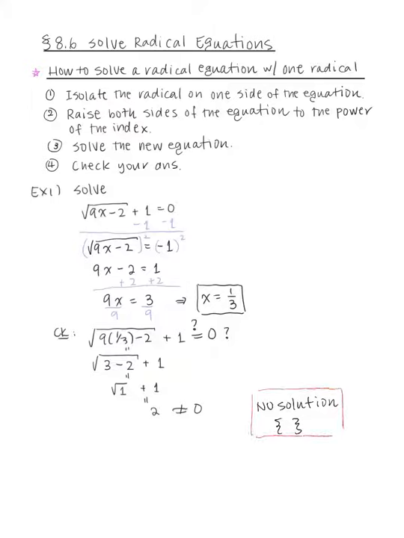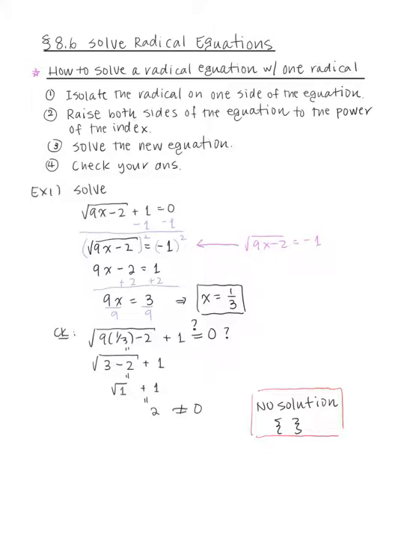Now, let's go back to, let me see where that step went. This step right here. This step tells you that we got square root of 9x minus 2 equals negative 1. Square root equals negative 1. Could the output of the square root value ever be negative?